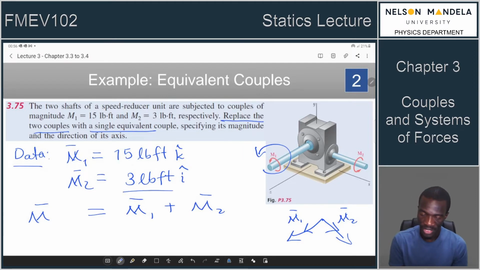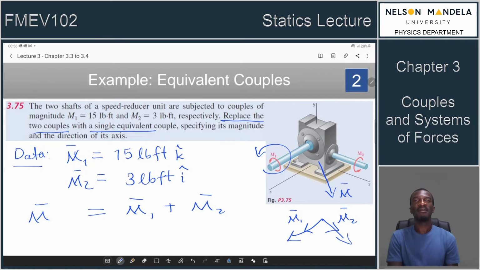So if you look at your vector directions, which are already given, it means you will actually get a couple that is oriented where? There's an i and a j, these are all positive, so it will be oriented in this direction. That's your total moment, that's your total couple. Right, so those are equivalent couples.